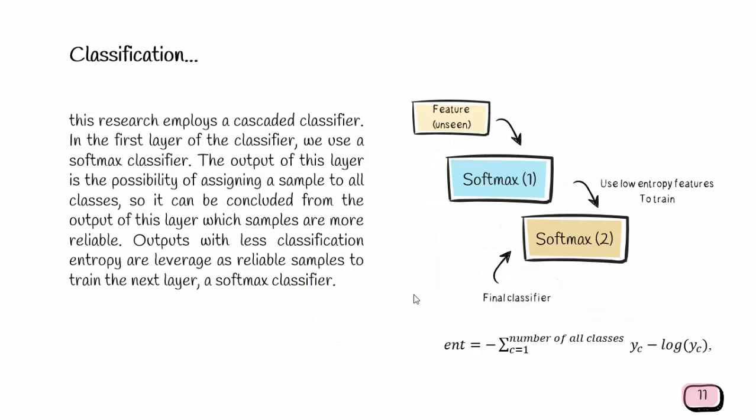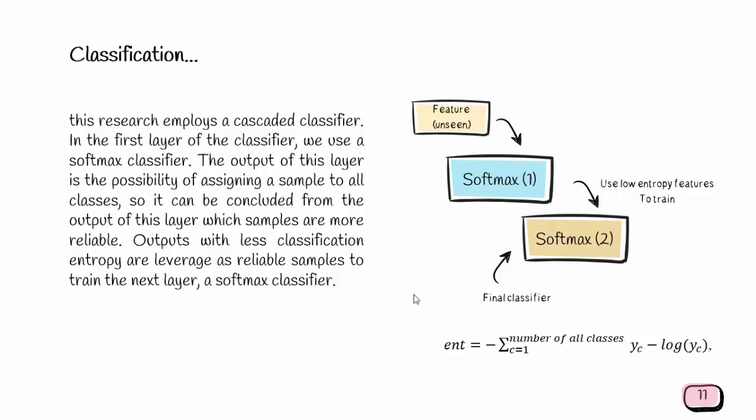After training the GAN, we use it to generate fake features of unseen classes, so we need a classifier to do the classification. This research employs a cascaded classifier. In the first layer of the classifier, we use a softmax classifier.